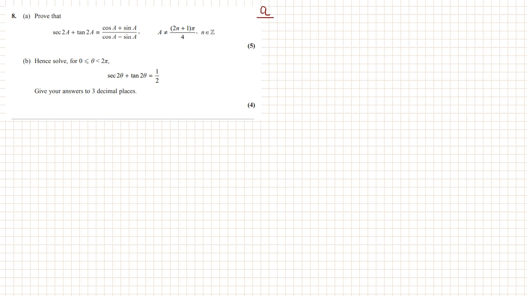This is part A. Sec 2a plus tan 2a can be written as 1 over cos 2a plus sin 2a over cos 2a.